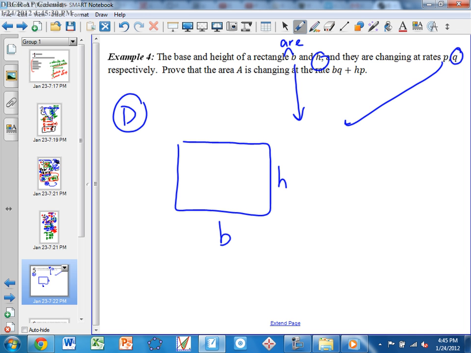Okay, we're done. Second, rates. Carrie, I want to know what dB/dt equals from the given information in the problem. At what rate is the base changing? What is it given as?